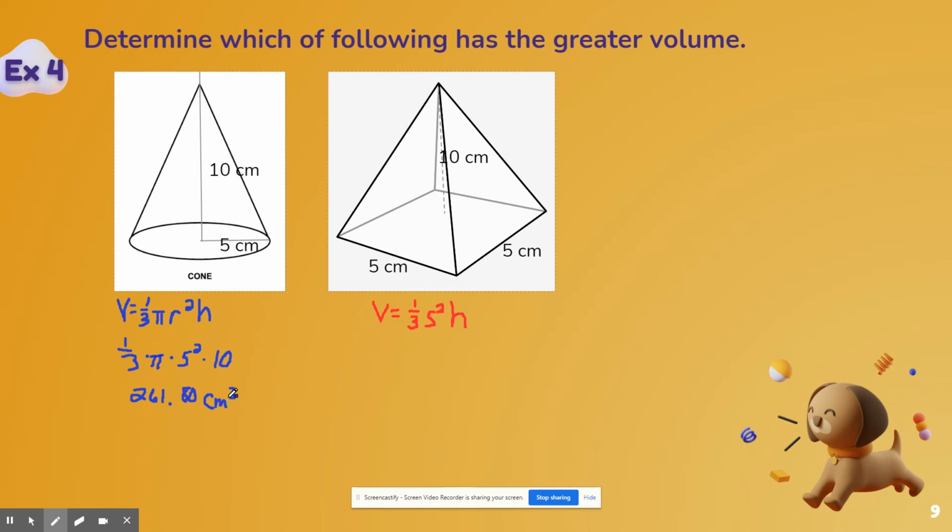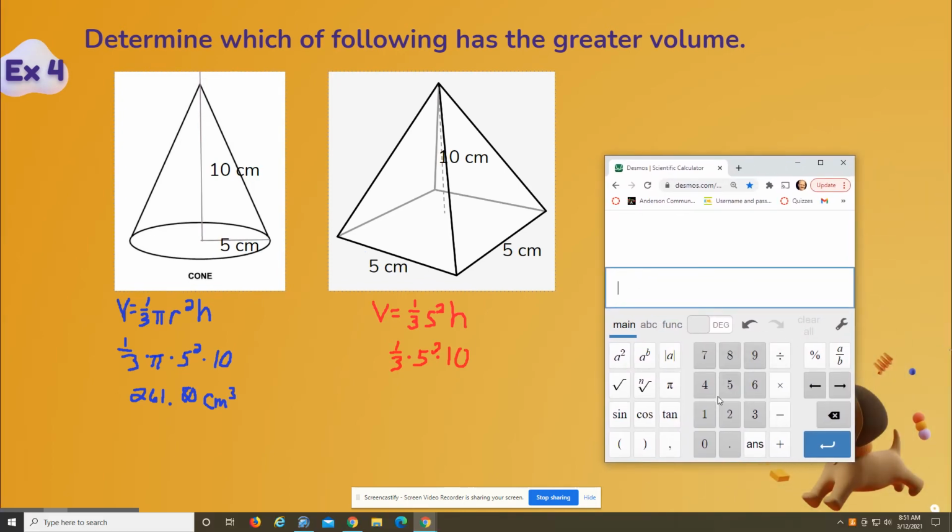Now we're going to switch over and find the volume of the pyramid, which would be 1/3 times 5 squared times the height of 10. Again, we're going to use the calculator. 1/3 times 5 squared times 10.